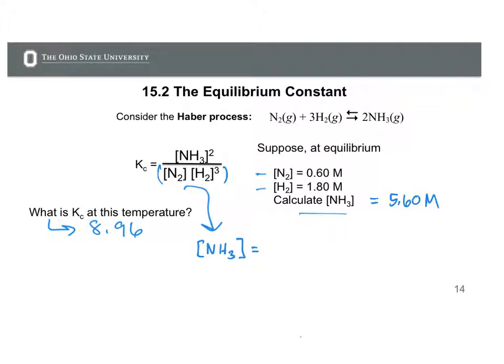I'll end up with K sub C times N2 times the concentration of H2 cubed, and then take the square root of that. And hopefully we get 5.6. Questions on that?